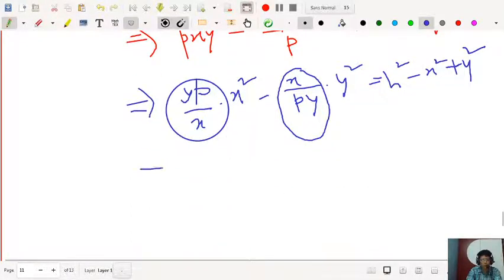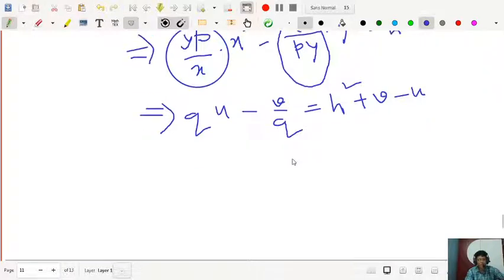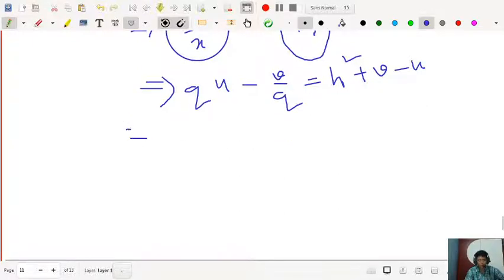This will be q, and x square is u, this will be 1 by q, so this is your v by q equal to h square minus h square, y square is v minus u, right? Look at that, all the terms have been transformed into q, u and v. In terms of q, there is no x, y and p, so now your equation will be a function of q, v and u, right? So let me simplify more.